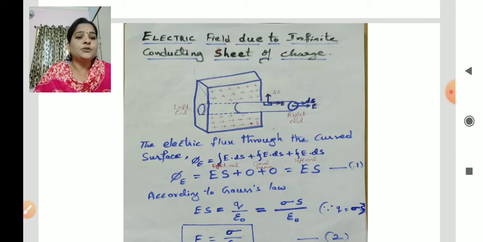I assume a point P at the extreme right end, where our aim is to find the electric flux at the right end of the Gaussian cylindrical surface. The total electric flux through this Gaussian surface is the sum of the electric flux at the left end, the curved surface, and the right end.